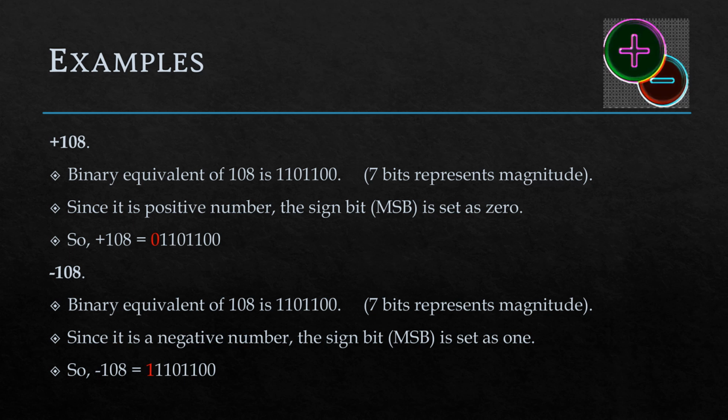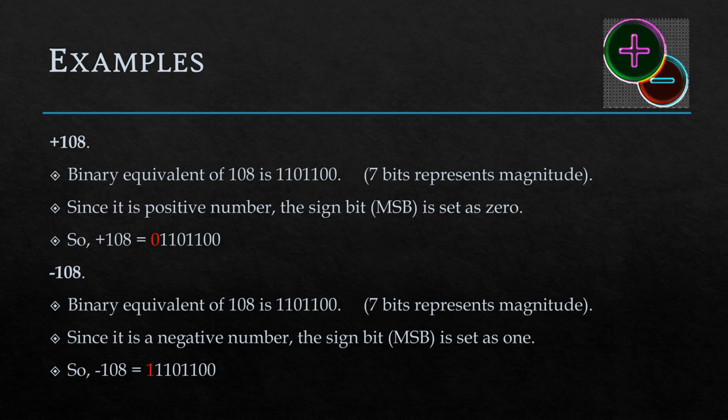Here we are representing the numbers plus 108 and minus 108 in sign and magnitude form. For the number 108, first we have to convert this decimal number into binary. To convert a decimal number to binary, the method is to divide the decimal number by 2. Using that method, we find the binary equivalent of 108 as 1101100. Using these 7 bits, we can represent that value.